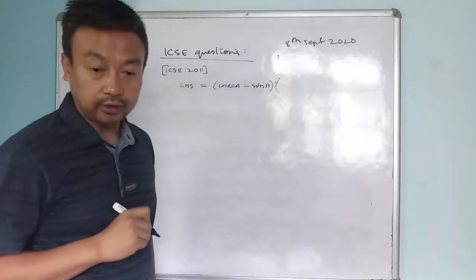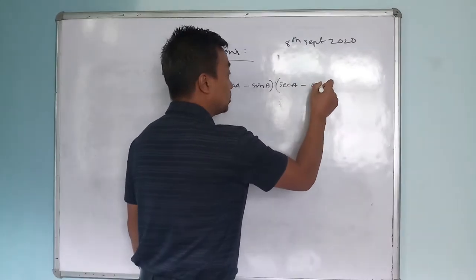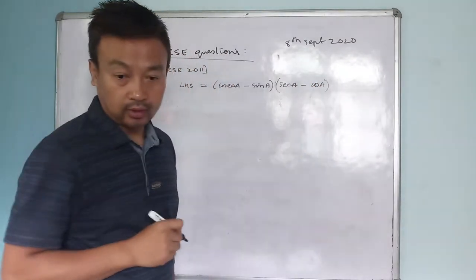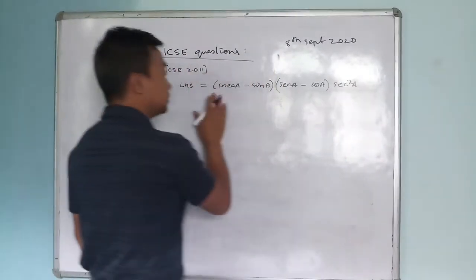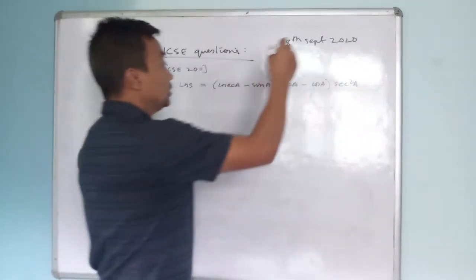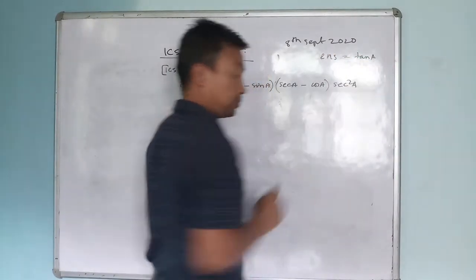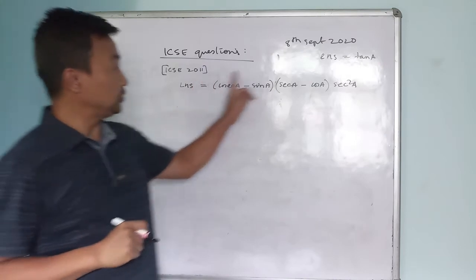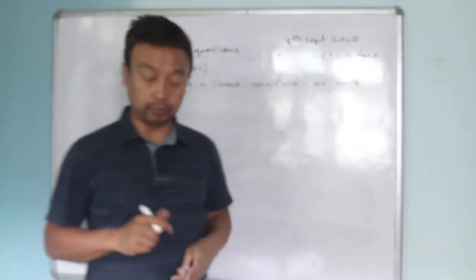In the second bracket you have got (sec A minus cos A). Then you have got sec square A. This is your left hand side. On the right hand side, you have to prove that the right hand side is equal to tan A. Alright? So this is the left hand side equals to right hand side. So you have to prove it.